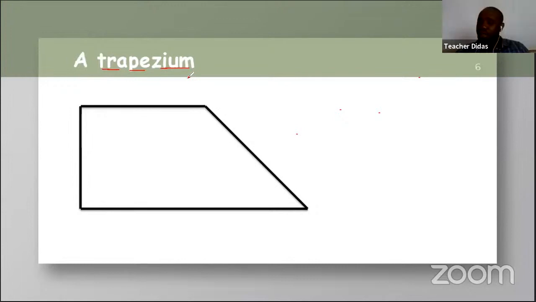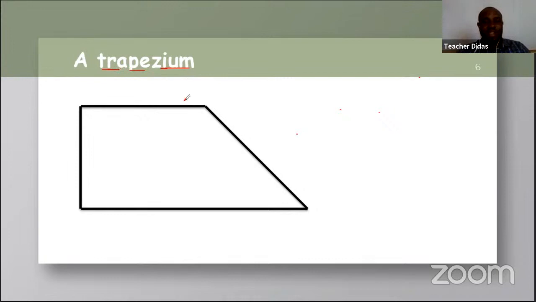Ricky, yes, teacher. Talk to me. Spell the word. T-R-A-P-E-Z-I-U-M. Trapezium. Oh my God. The word is trapezium.